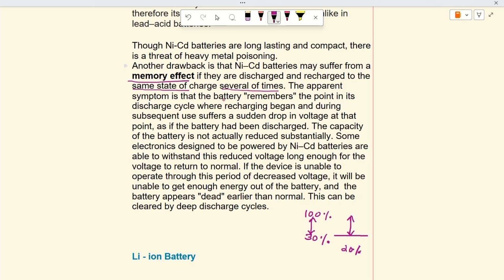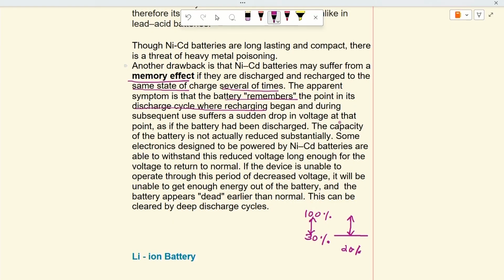The battery remembers the point of the discharge cycle and recharging, that is, up to where it has to be discharged and from there it has to be recharged. Once it drops to this voltage and current density, the battery appears to be dead, that is, you cannot derive more charge from it. Okay, this effect is known as the memory effect.